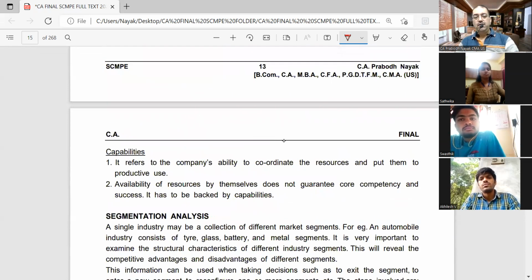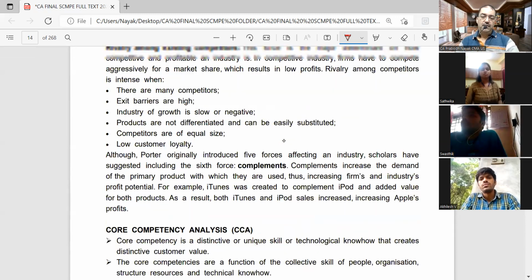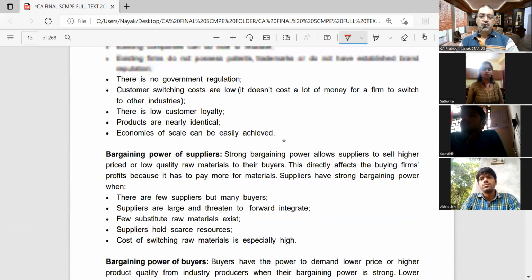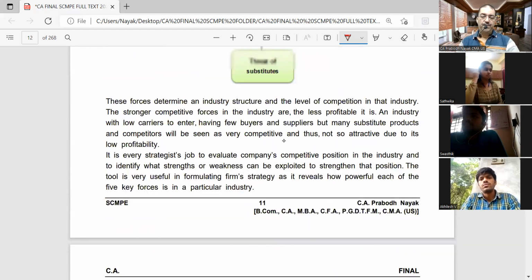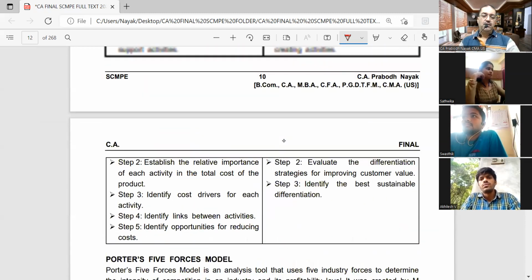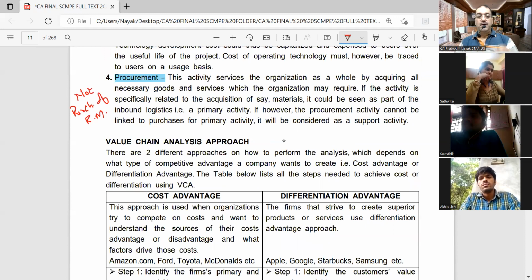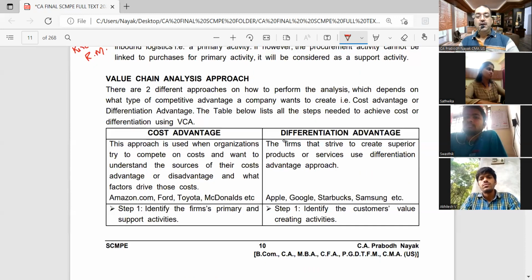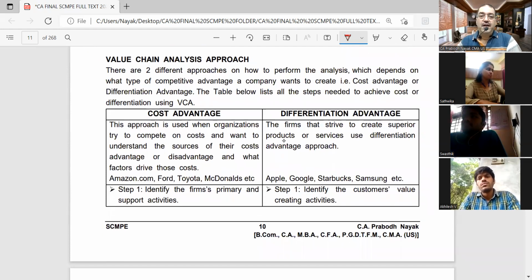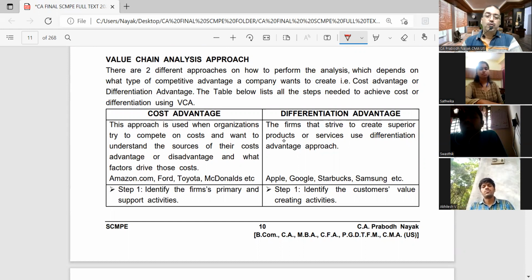Coming back to value chain analysis, as I said, it's going to be a very long procedure. So you have done Porter's value chain analysis, with primary, secondary and support activities. Now, value chain analysis in general has two different approaches.